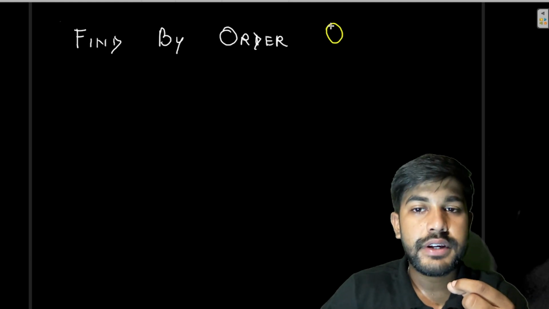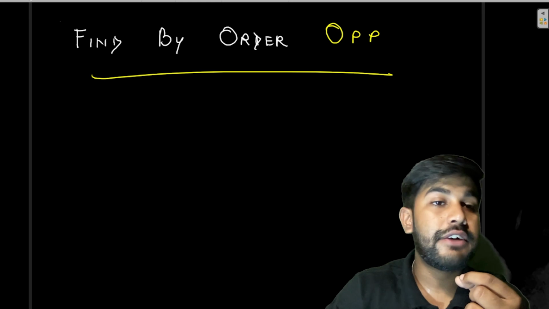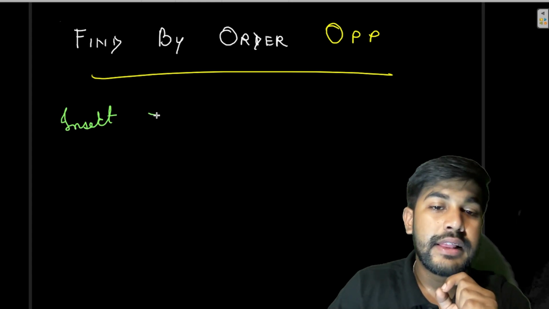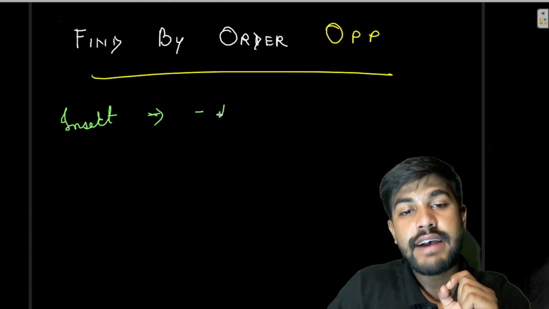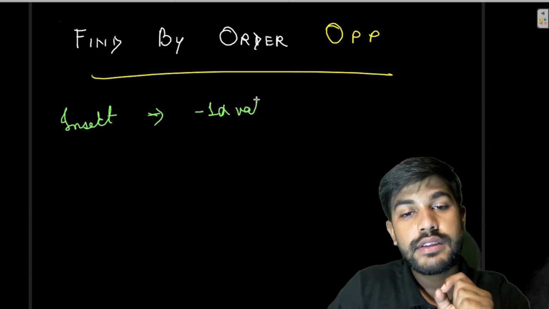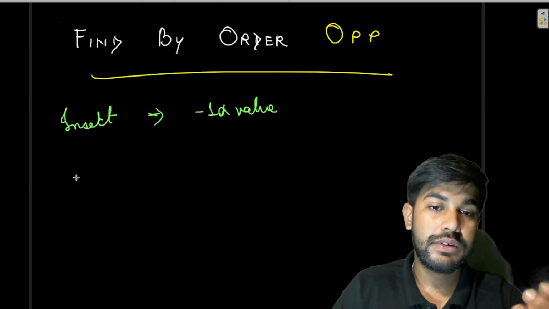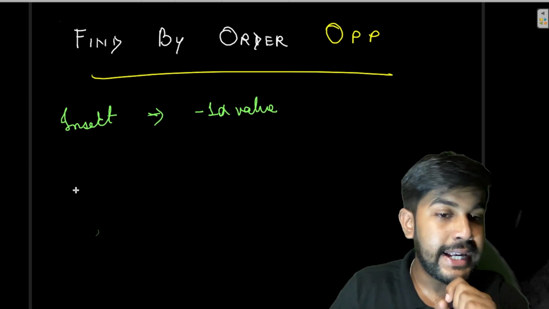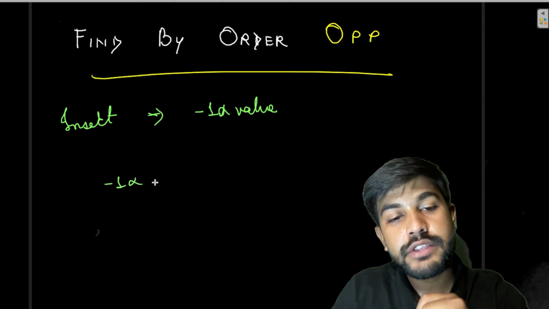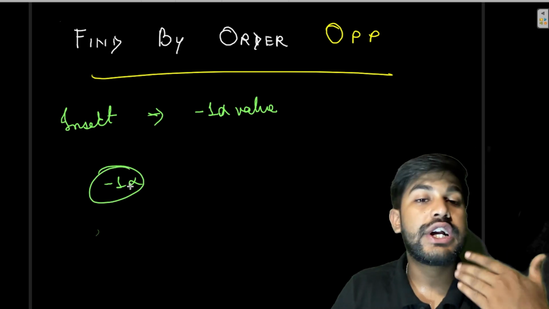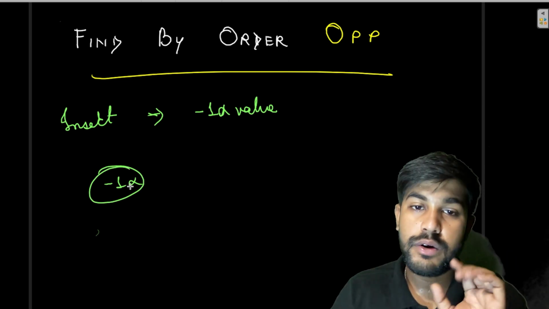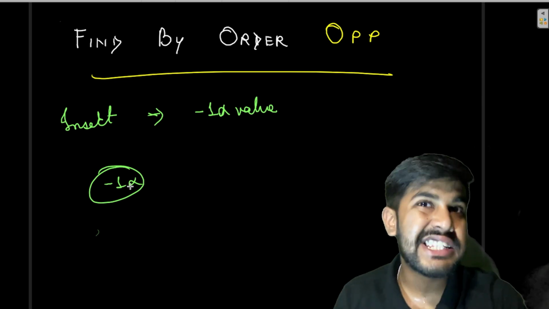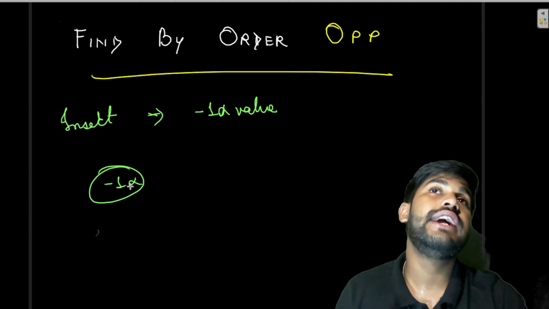To have the opposite of it, when inserting, just multiply the value with -1. And after taking out, suppose we want the current element, again multiply it with -1. This would convert your find by order. Find by order would search the number of elements less than that, and now this would tell us the number of elements greater than that.